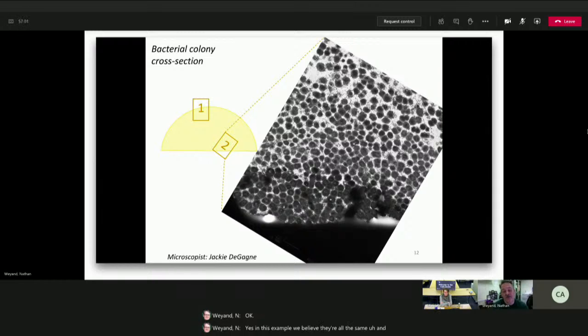Bacteria can undergo developmental processes where they actually switch in shape, but they're still the same species. But some species of bacteria associate so tightly with one another that it's hard to purify them away from one another. And so colonies can be a mixture of multiple species of bacteria. But in the images I'm showing you here, we believe it's a clone that has grown up, one cell that's grown up into a colony.